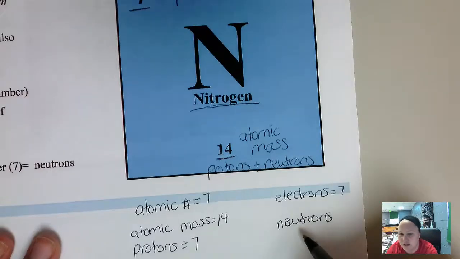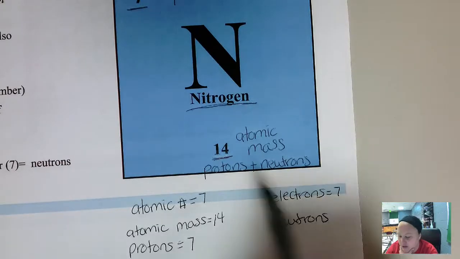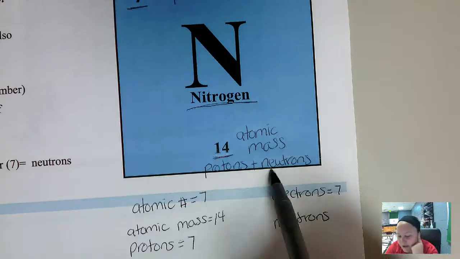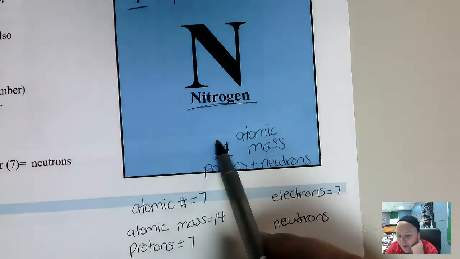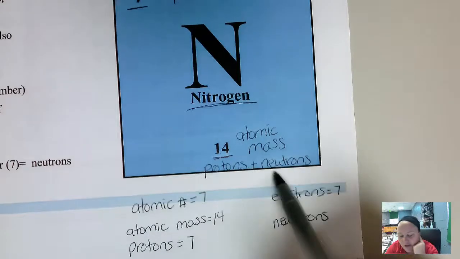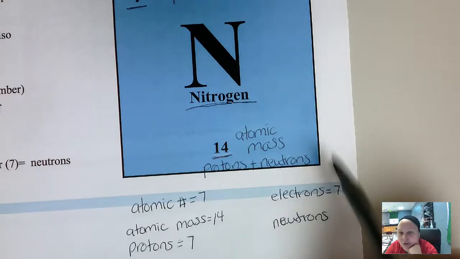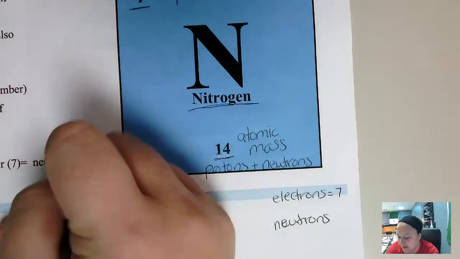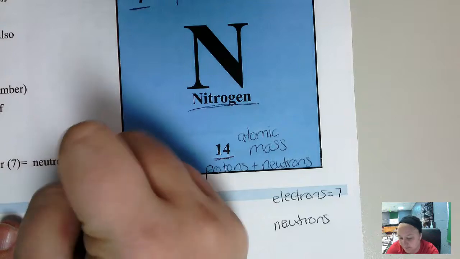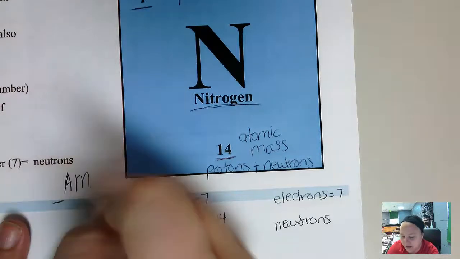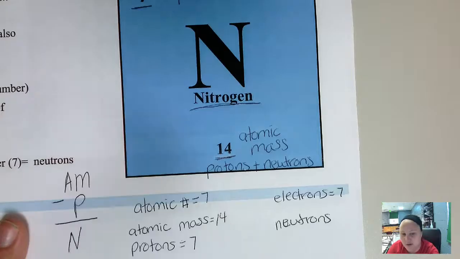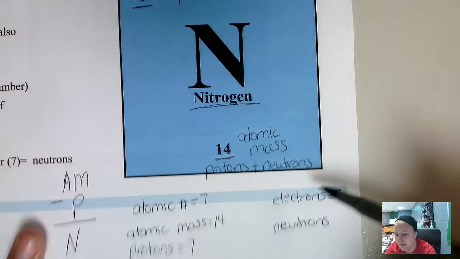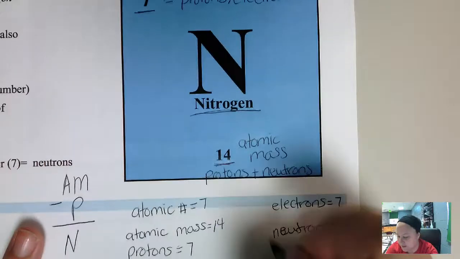Now neutrons is where you need to pay attention. Neutrons make up part of the atomic mass, but we've got to do this problem backwards because the atomic mass equals the number of protons and neutrons added together. So we will have to do a subtraction problem: the atomic mass minus protons gives you neutrons. It's just backwards. Our atomic mass is 14.